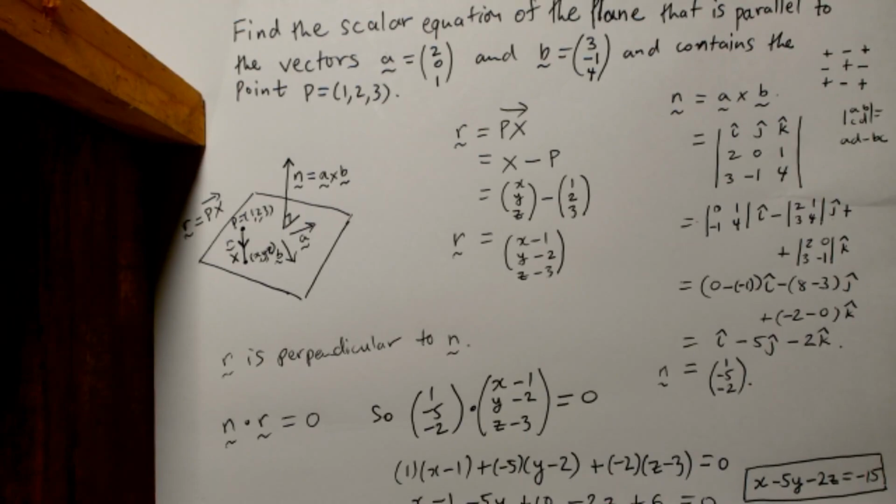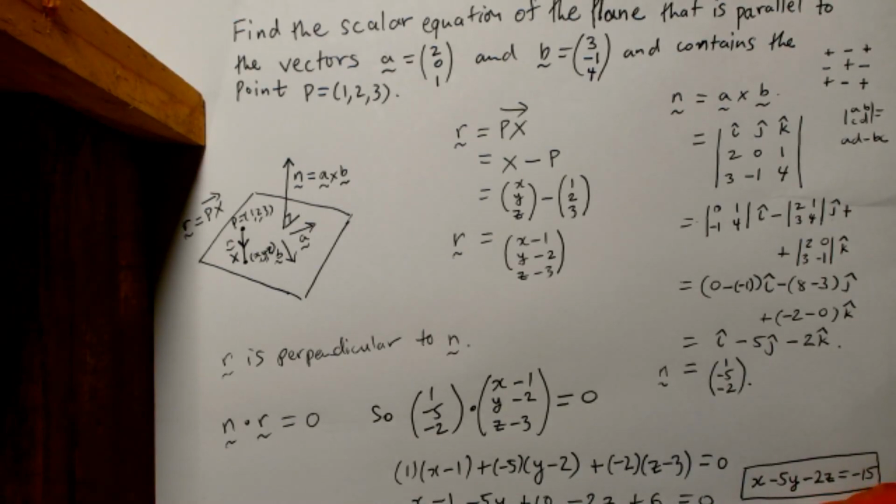Okay, now let's just check that it does contain the point 1, 2, 3. So x is 1, minus 5 times 2, minus 2 times 3 is equal to 1 minus 10 minus 6. 1 minus 16 is minus 15.